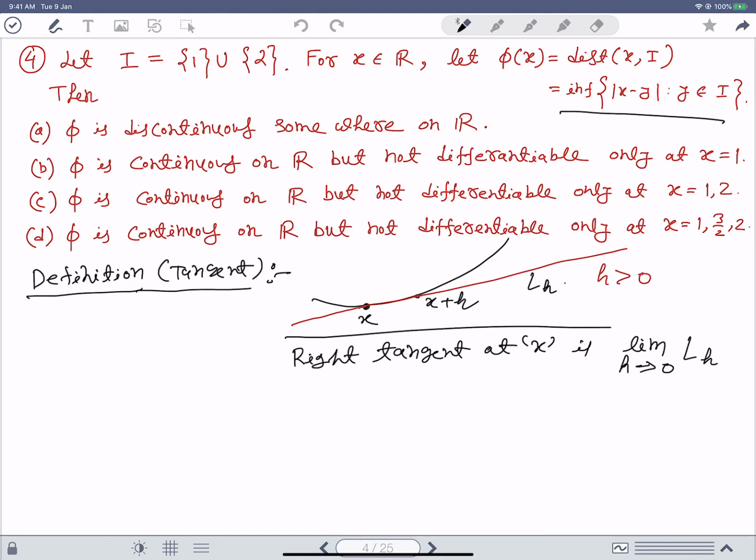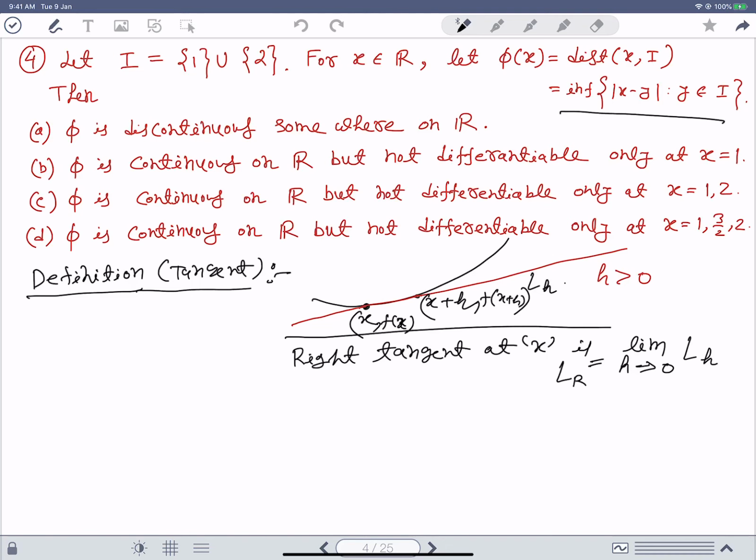Actually, in our case it is not just x, it is x comma f of x, and x plus h comma f of x plus h. Now, you have a line, call this line L_h, then the right tangent at x is a line, call it L_R, which is the limiting value of this one.